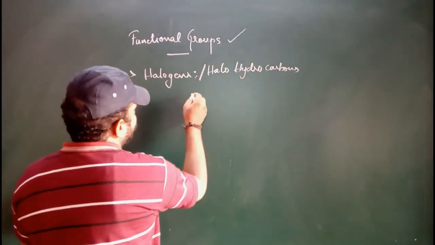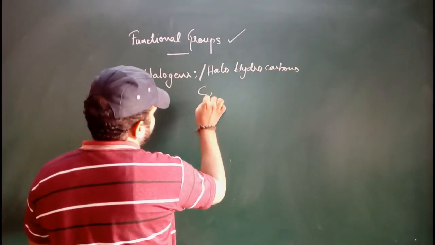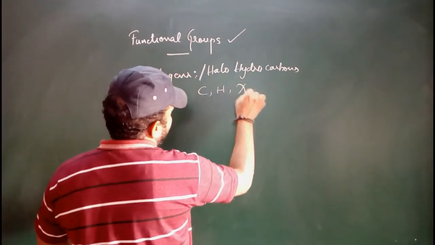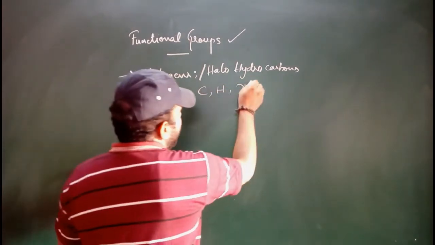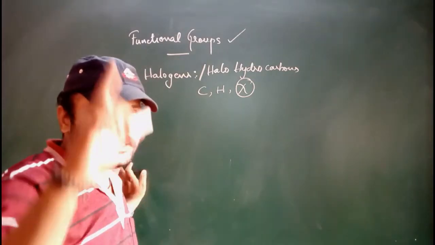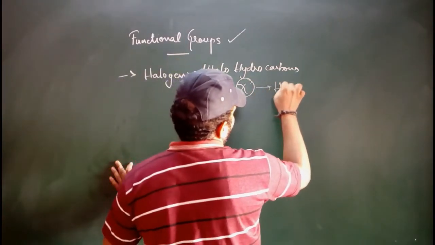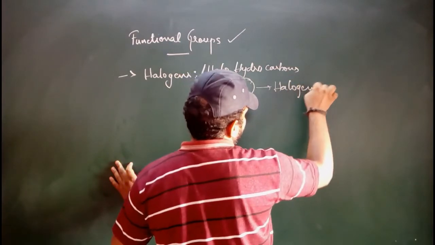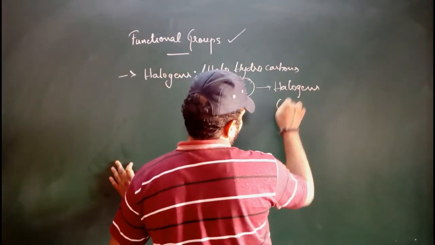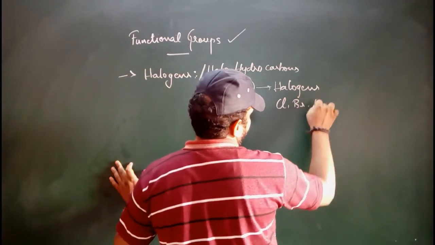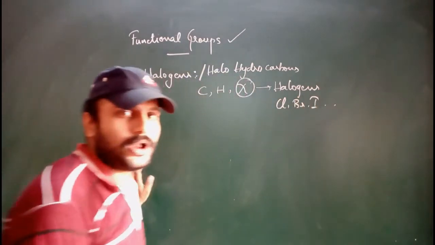What types of atoms are present in this halogen functional group? You can find carbon, hydrogen and halogen. Here halogen is represented with the symbol X. So X is halogen. What halogens can we find here? It may be chlorine, bromine, iodine. Those are all halogens.